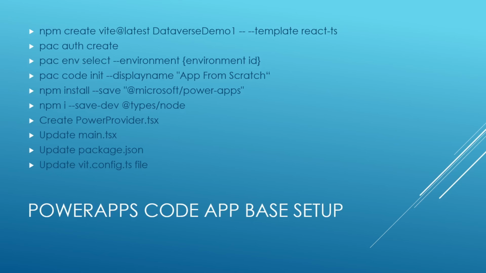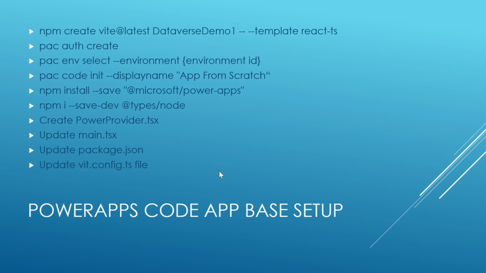First you have to create an npm or a Vite application, which is still there. Then you would authenticate using the pac command, which is still there. But after that, there were so many manual steps to be done: to install the Power Apps SDK, to install the type nodes, to create a provider file, to create the main.tsx file, and update the package.json and all of that, right?